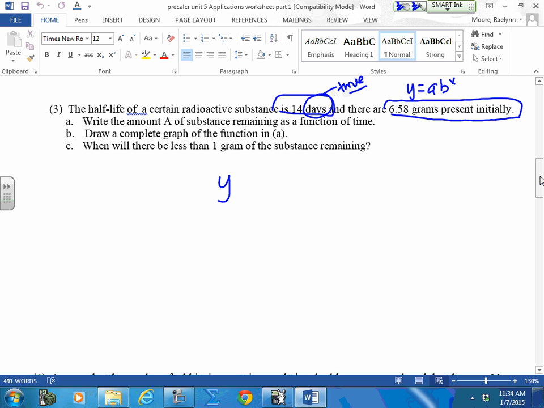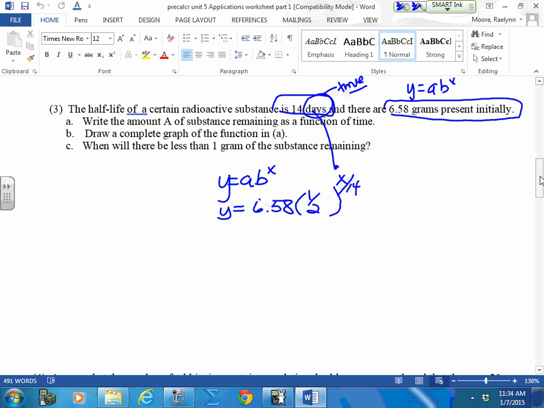So we start with our basic equation. How many is our initial amount? Okay, my rate. What's my rate? Half. I'm decreasing. I have a half-life. Now, x tells me I'm decreasing every day. But how many days until I get exactly a half? 14. There's my cycle.